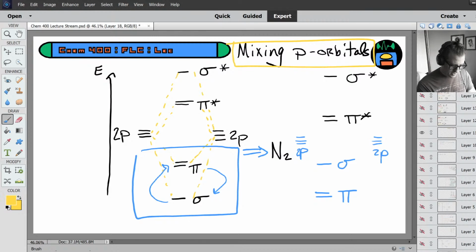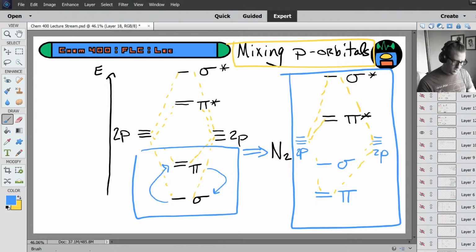You end up with this situation. All right, that's our dinitrogen exception.